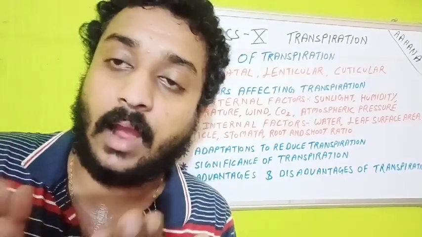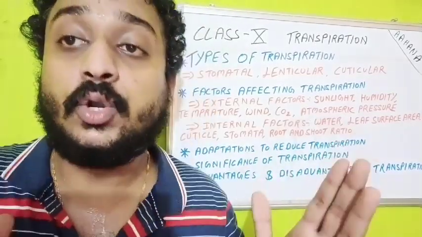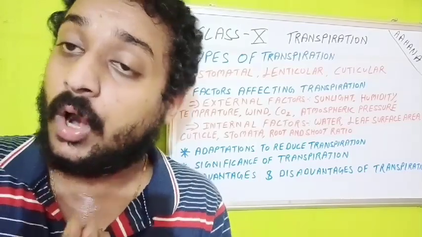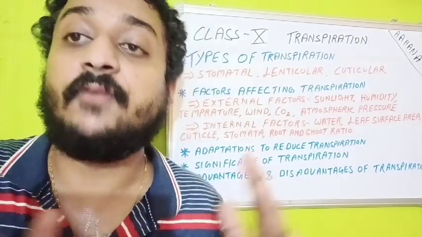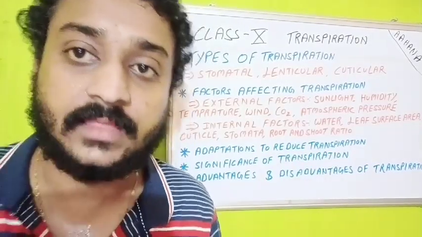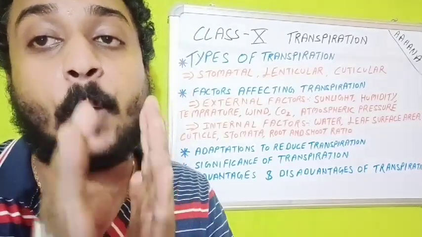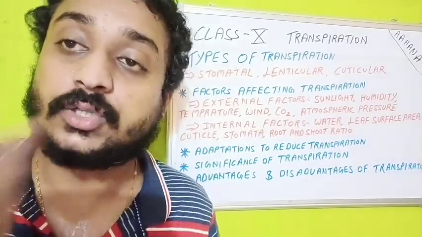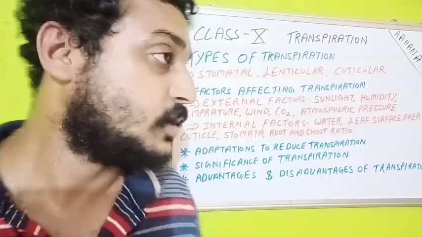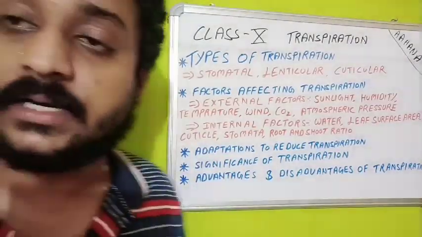I mean to say that neither a very big root and a very small shoot, nor a very big shoot and a very small root, not like that. If they have a proper ratio in terms of their length, then the transpiration will also be proper. So these are the external and the internal factors.